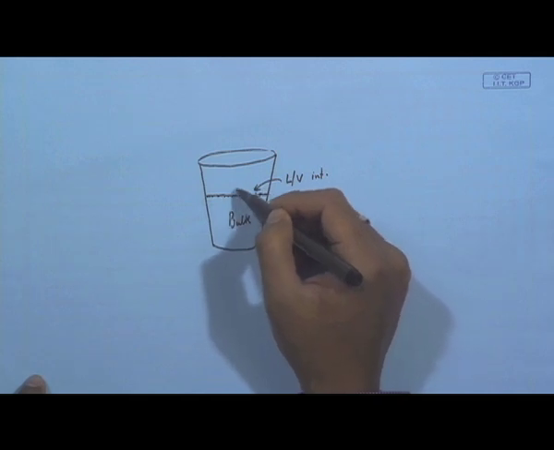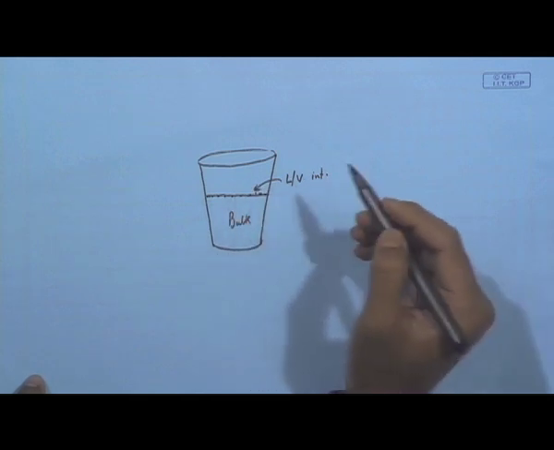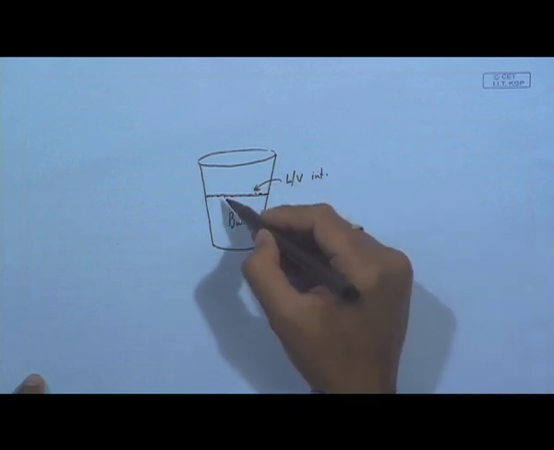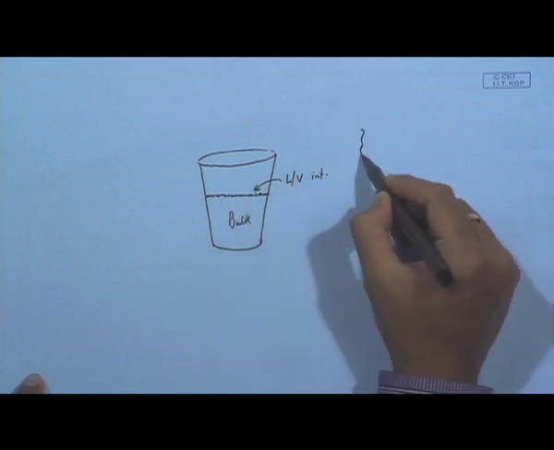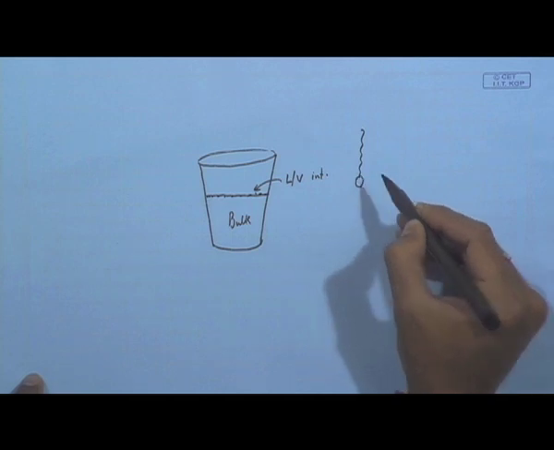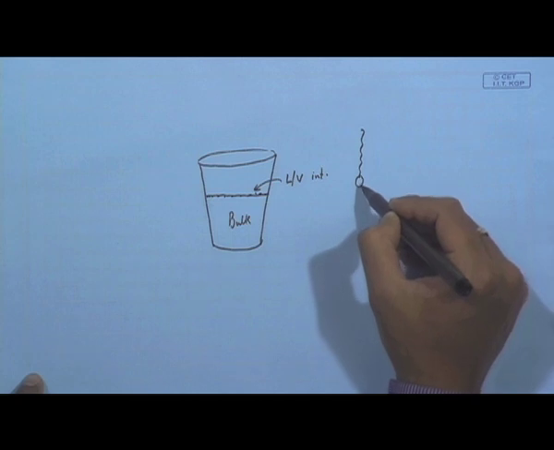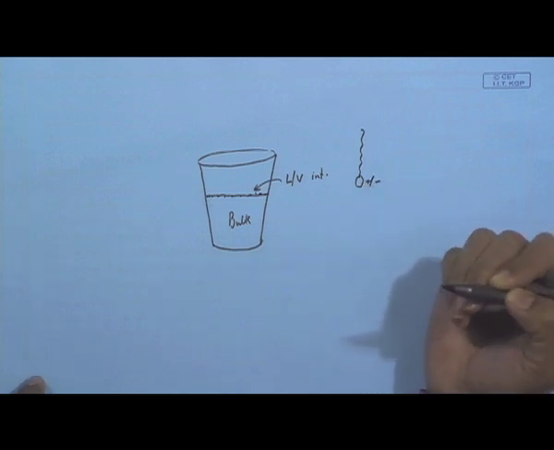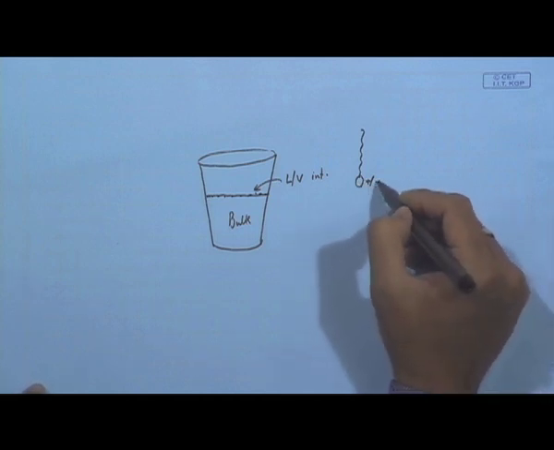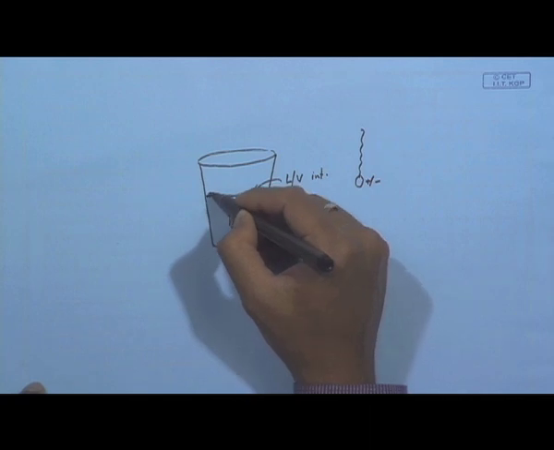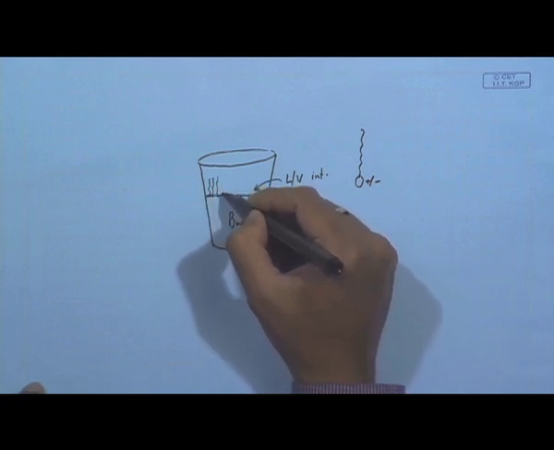Suppose you put some surfactant molecule, like detergent. These detergent molecules have a hydrophobic tail with a polar group, plus or minus, or maybe uncharged with some polar character. So, what will happen, this charged or polar one will be directed this way and the tail will be like this.